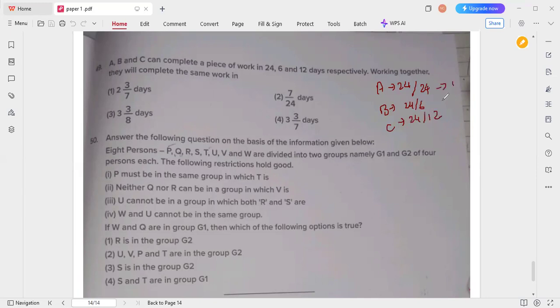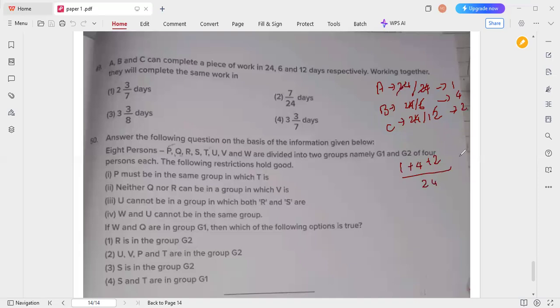So this will be taken as 1 unit, this as 4 units, four times, and this as 2 units. So just take the LCM. That is 1 plus 4 plus 2 divided by 24.